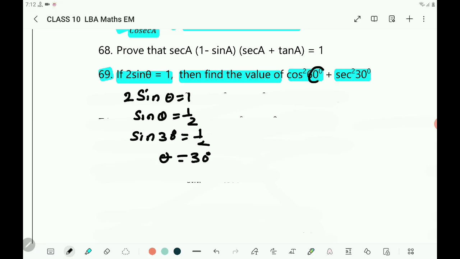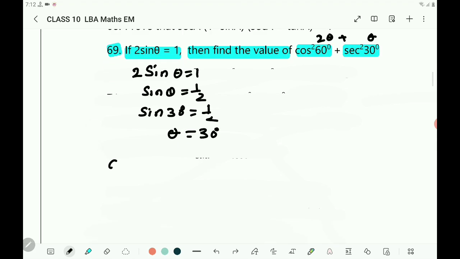But here 60 degree is given means that must be 2 theta and this is theta. So, cos square 2 theta must be plus secant square theta. But directly the values are given. So, use that only. Right.